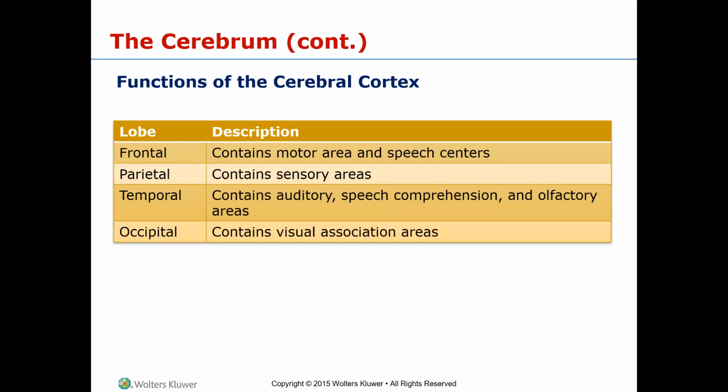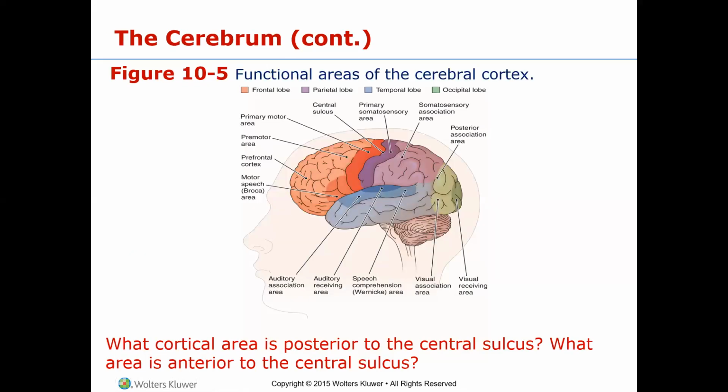The temporal lobe, the way that I recall this is because of its proximity to the ear, so it has auditory and speech. This is what is developed first, and babies can understand speech well before they are able to speak. In the back, on the occipital lobe, is where we have our vision. Okay, so the vision is in the back in the occipital lobe.